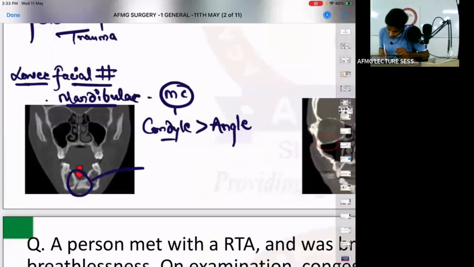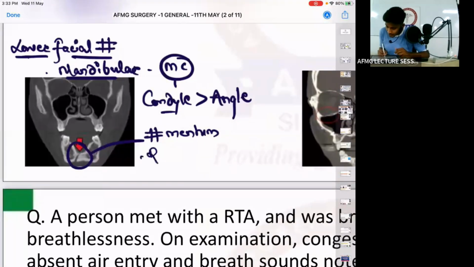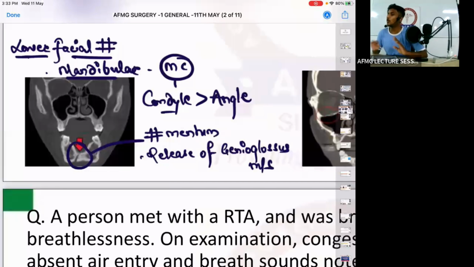If there is fracture of the base of the mandible or the mentum, usually it will cause release of which muscle? Very good. It will cause release of the genioglossus. And genioglossus muscle is known as which muscle of tongue? Safety muscle of tongue. It is attached to the mandibular bone.